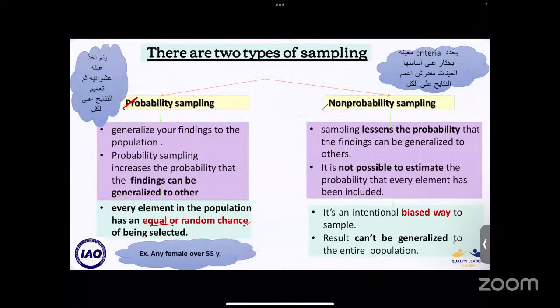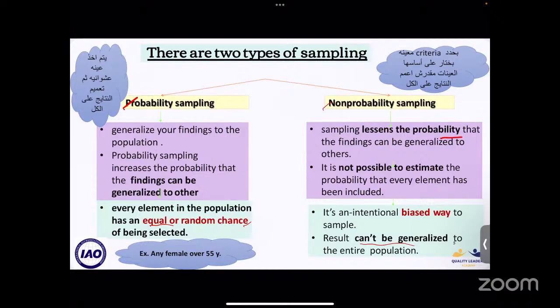Now in non-probability sampling, this lessens the probability that the findings can be generalized to others. So meaning there is intentional bias present. In case of intentional bias, it cannot be generalized to the entire population.